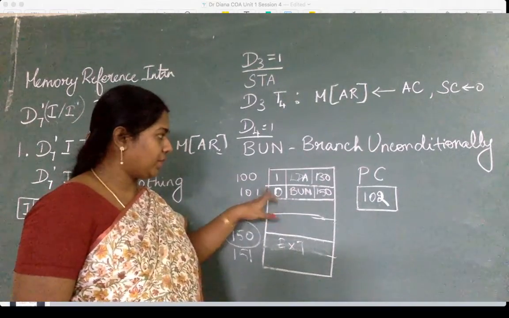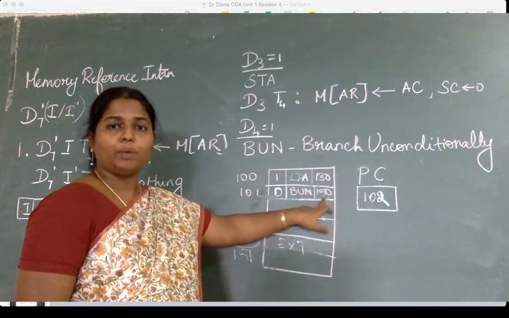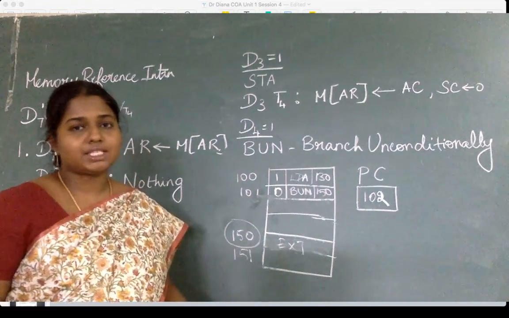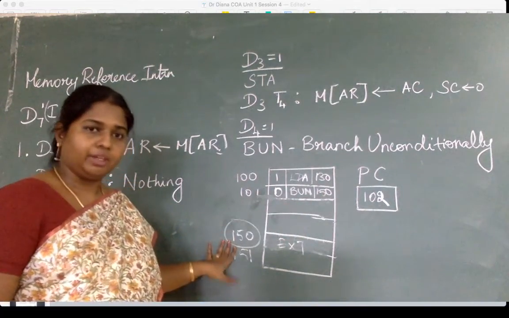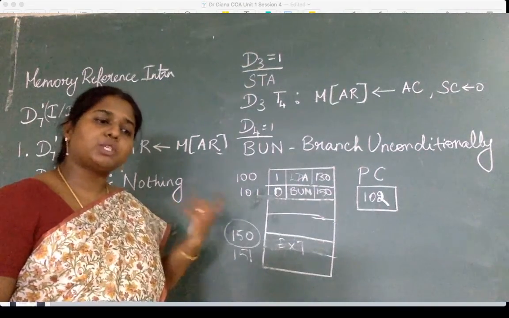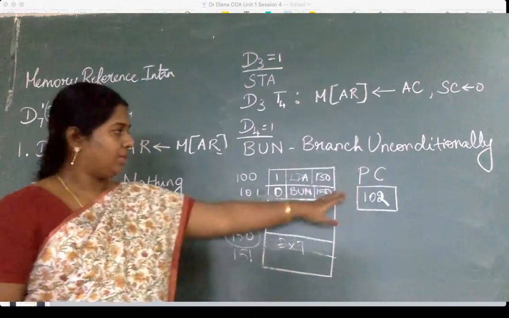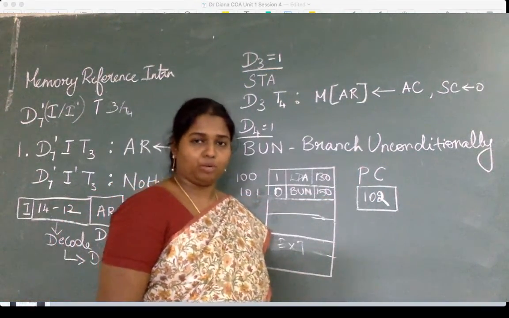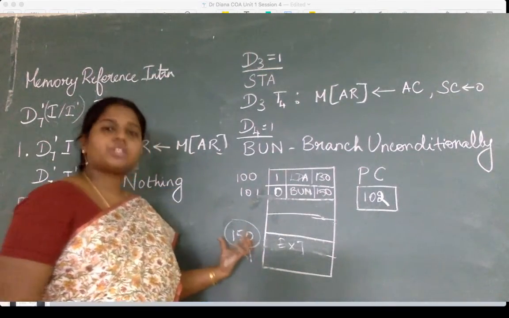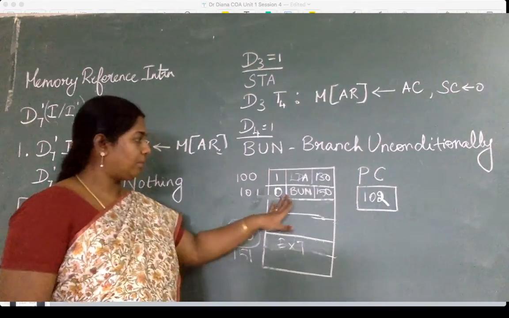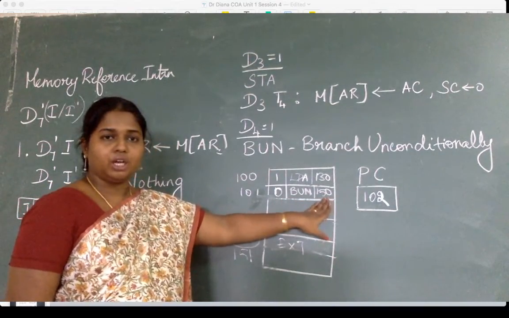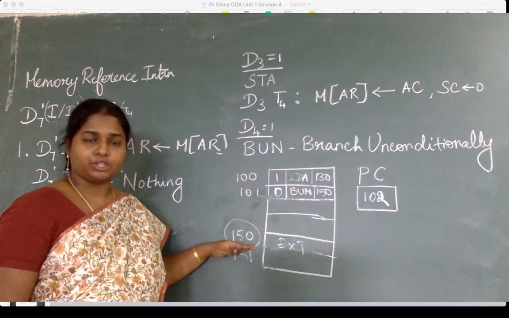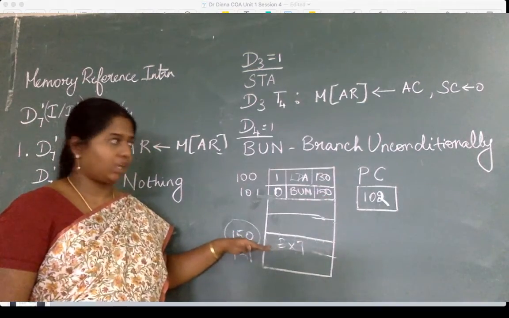Instead, I have mentioned that it should branch unconditionally to memory location 150. So what should I execute next? The instruction at 150. How does the computer know the location of the next instruction? Through the program counter. So I am going to update the value of the program counter to the instruction I want to execute next. I am branching unconditionally to location 150, so 150 becomes the location of the instruction I want to execute now.